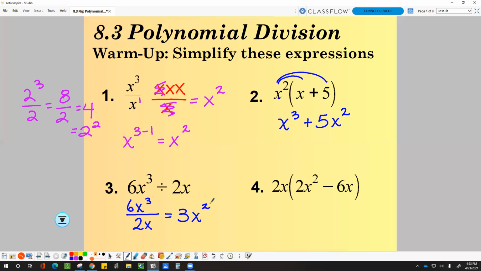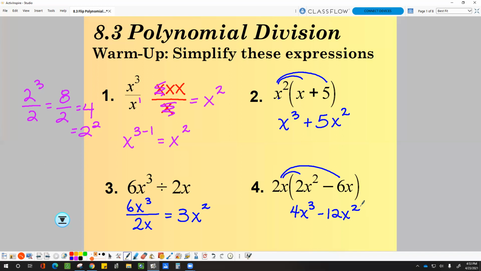The last example I have is 2x times 2x squared minus 6x, and I distribute the 2x and multiply. 2x times 2x squared, multiply the number and the variables, and 2x times negative 6x, negative 12x squared.